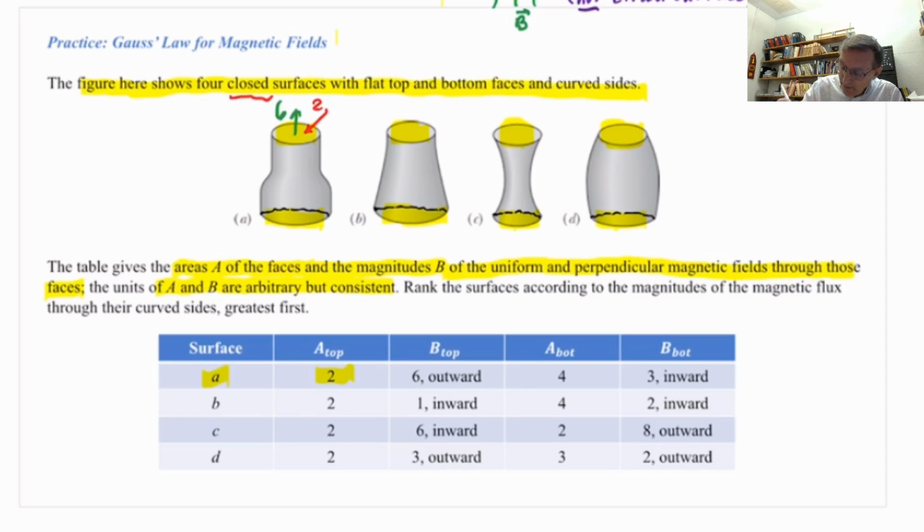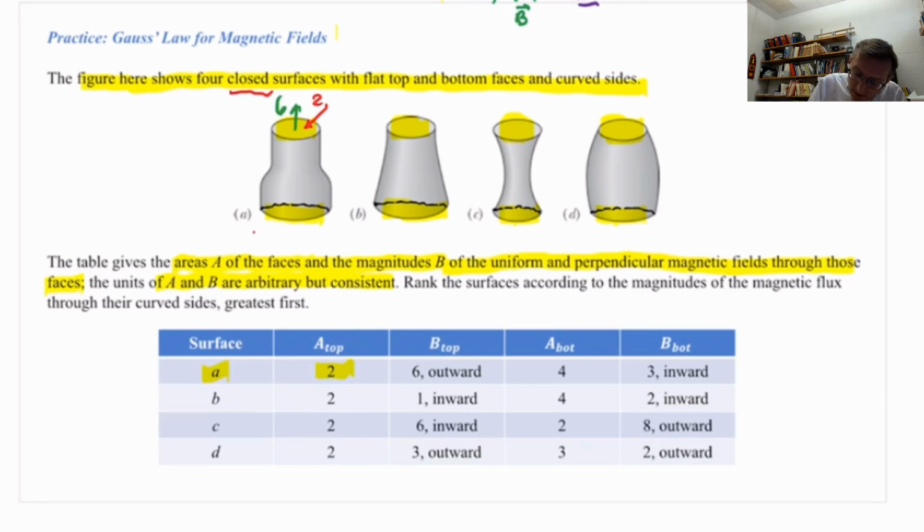Whereas the area of the bottom face is larger, 4 units, and has a magnetic field of 3 units inward. Notice how I'm drawing it. And that describes surface A. And then you have similar information for surface B, surface C, and surface D.